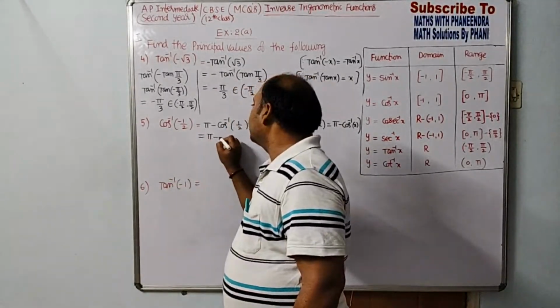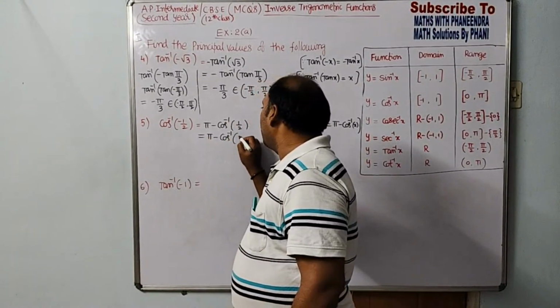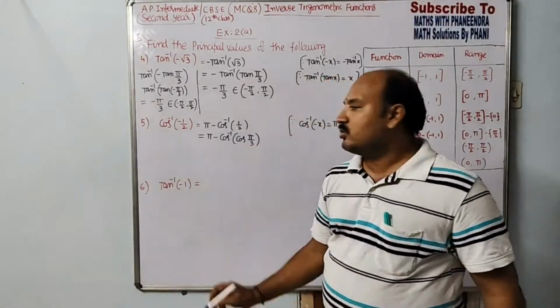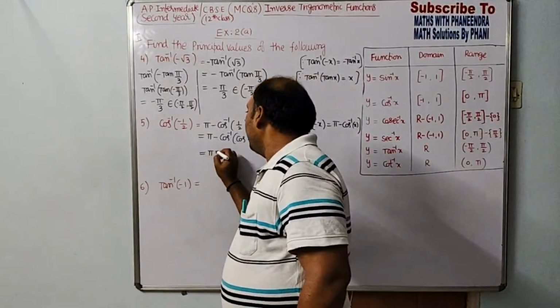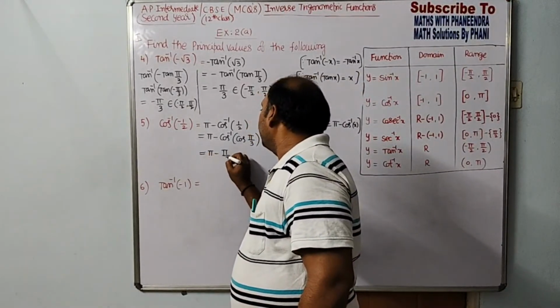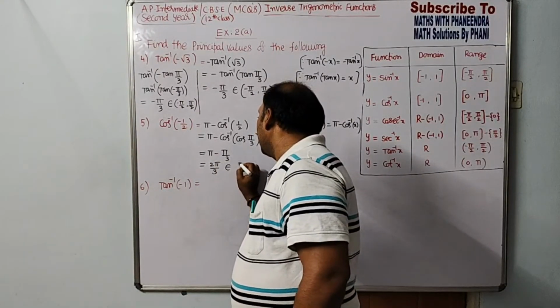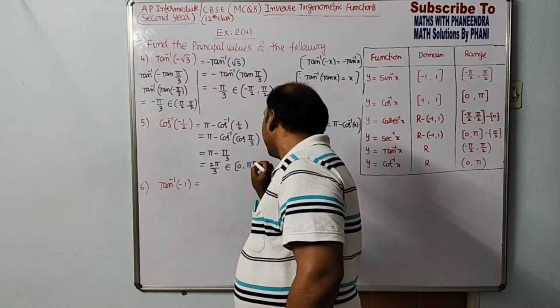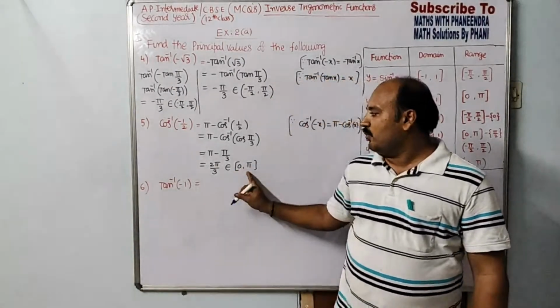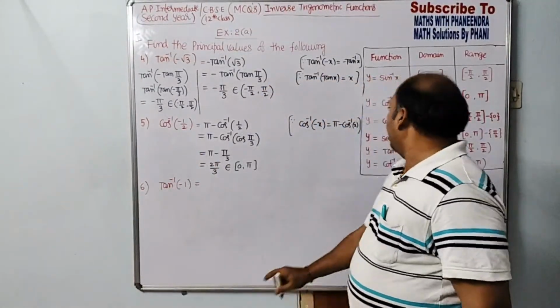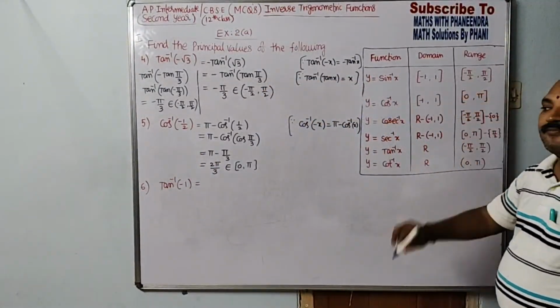So pi minus cos inverse of cos 60 degrees. 60 degrees means pi by 3. So it is equal to pi minus pi by 3, that is equal to 2 pi by 3. So 2 pi by 3 belongs to the closed interval 0 comma pi, the range of cos inverse x.